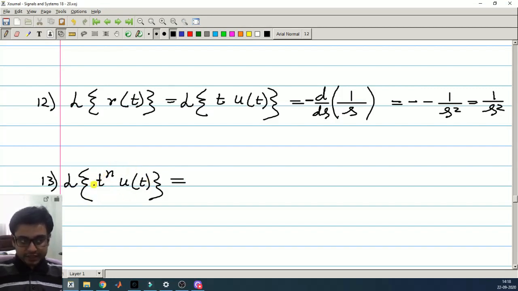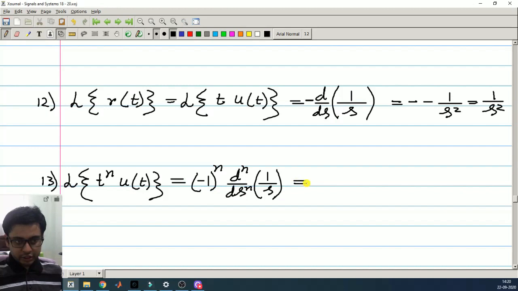You have t multiplied n times with this function, and therefore what you can do, you can take derivative of Laplace transform of u(t), that is 1 by s, n times, and you have to multiply with a minus sign also n times.